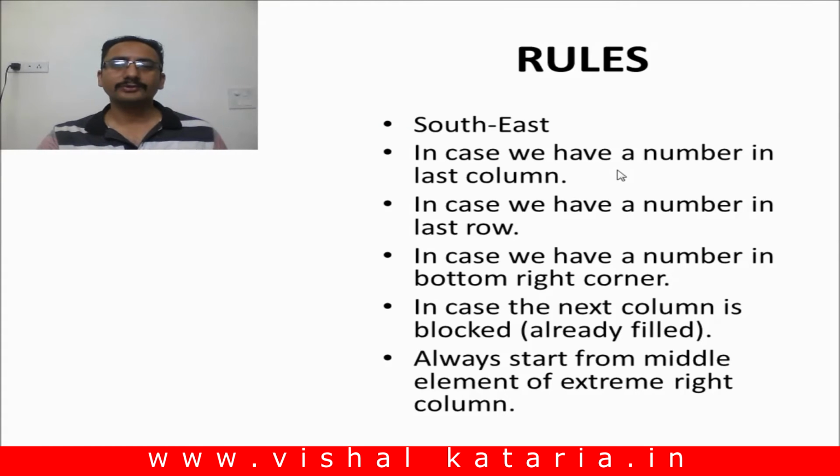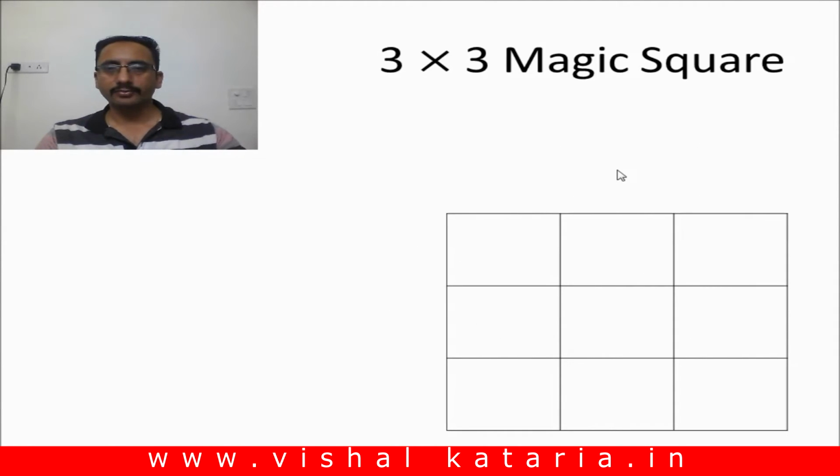We will start with a 3 by 3 grid, and then next will be a 5 by 5 grid. In the 3 by 3 grid, I want to make this 3 by 3 magic square. First of all, we will start from the middle element of the extreme right hand side column. Extreme right hand side column, the middle grid, this one, I'll write 1 here.